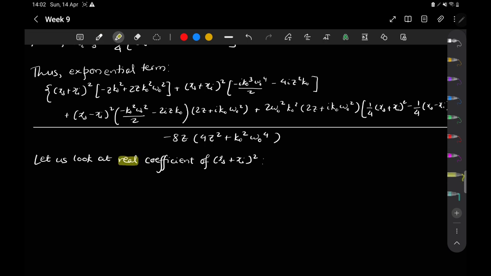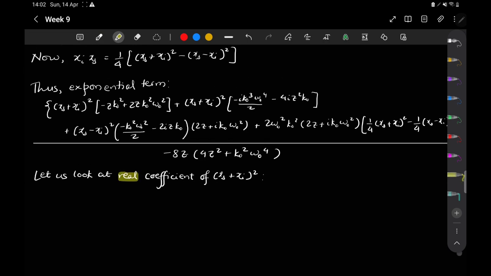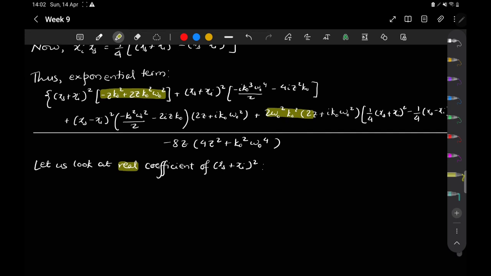The real part we want to look at. So this is the real part, and then here also we will have this as the real part with this part.